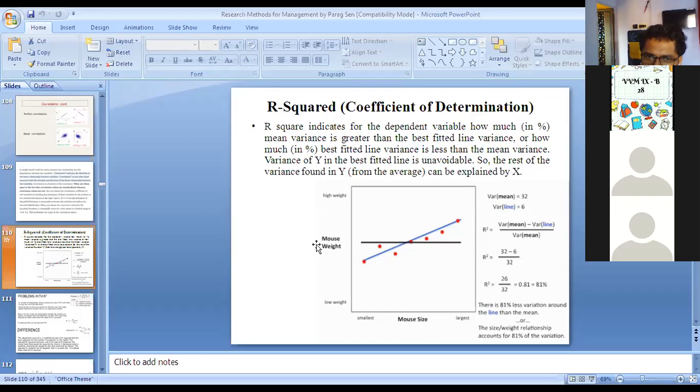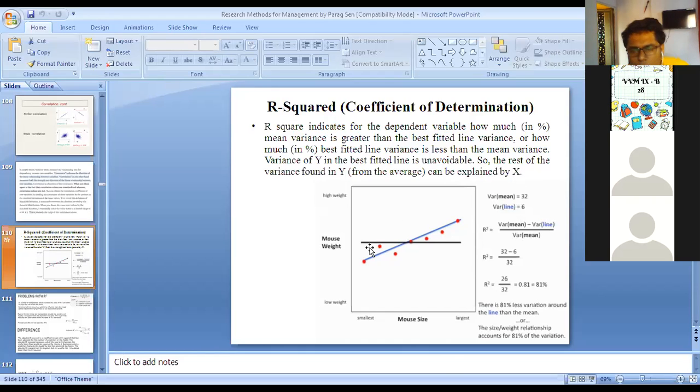So the uncommon variance and uncommon variance will cancel, and only the common variance will be there. That's why if you take the difference between these two things, you will get only the common variance, which is actually explained by x.